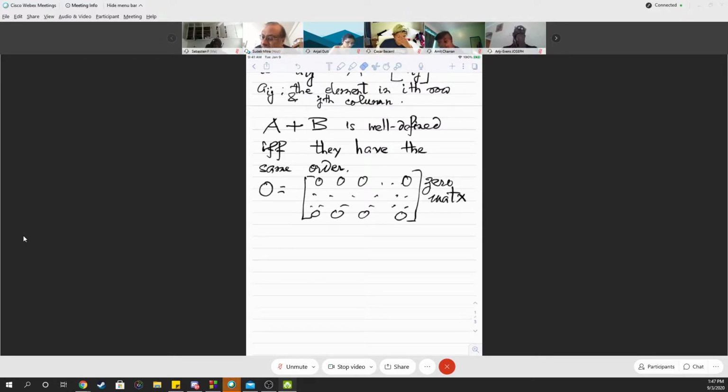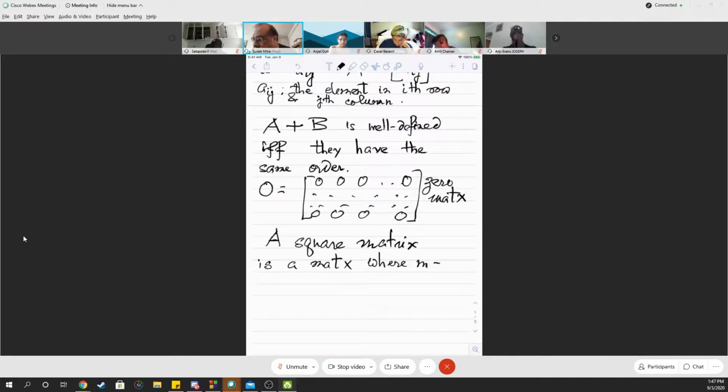A square matrix is a matrix where m is equal to n.